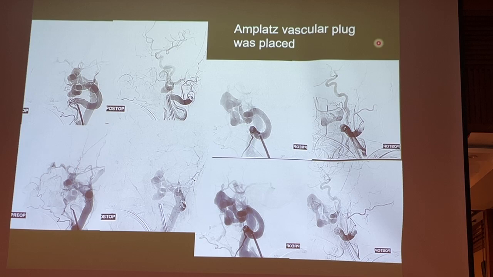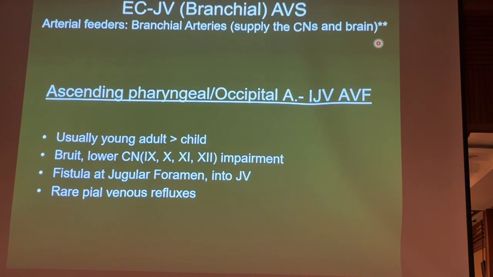It's in the process of follow-up. So there are multiple instruments you can play with in this kind of high flow lesion treatment. We have a few examples of the ascending pharyngeal to the internal jugular vein fistulas. It's a little bit in grown-up patients, and they can have for sure lower cranial nerve impairment, because we know the function of this artery.